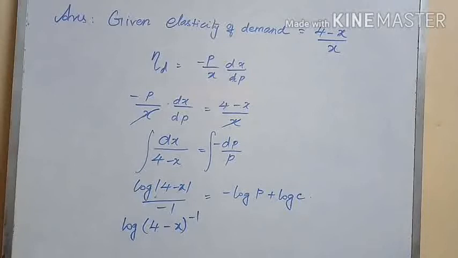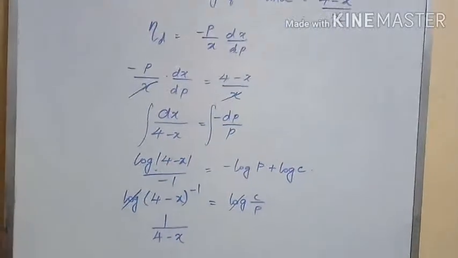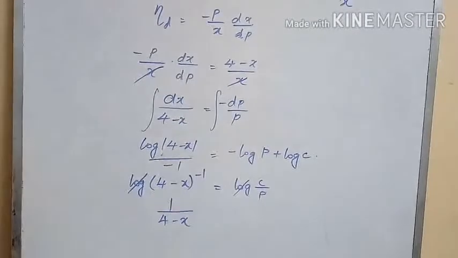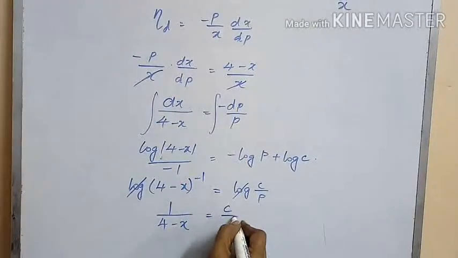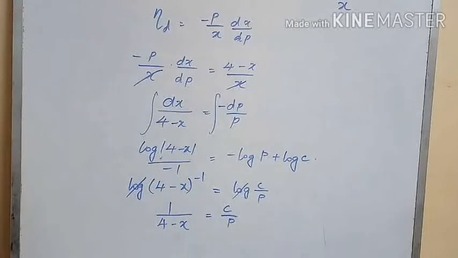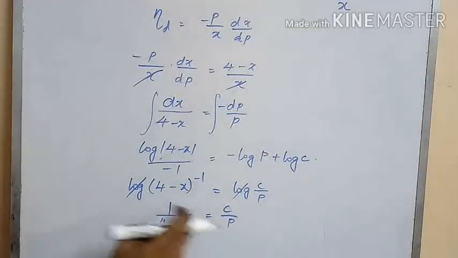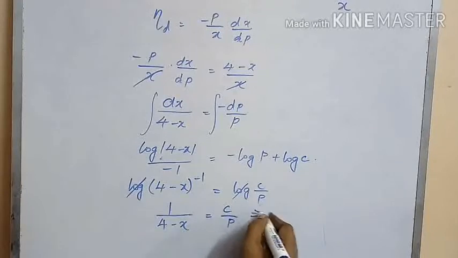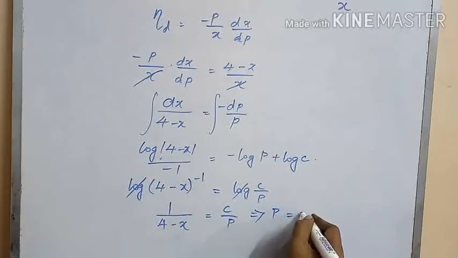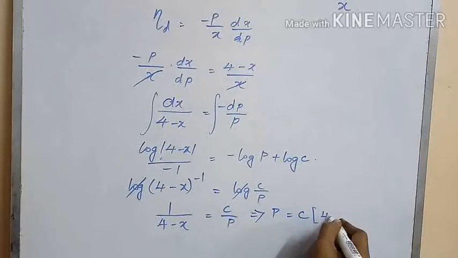So we get log of (4 - x) to the power of minus 1, and on the right side, we get log c by p. Let us cancel log on both sides. So we get 1/(4 - x) is equal to c/p. Let us cross multiply and we get p is equal to c into (4 - x).